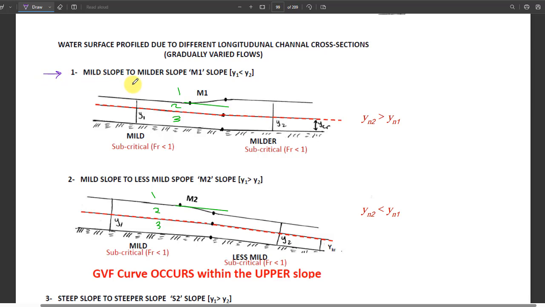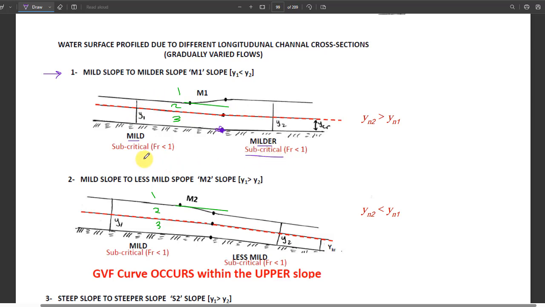Mainly we say if we change from mild to milder slope, and here is the breaking point in the slope. Okay, so this will be the breaking point. Basically, water will try to fix this change. What does mild to milder mean?